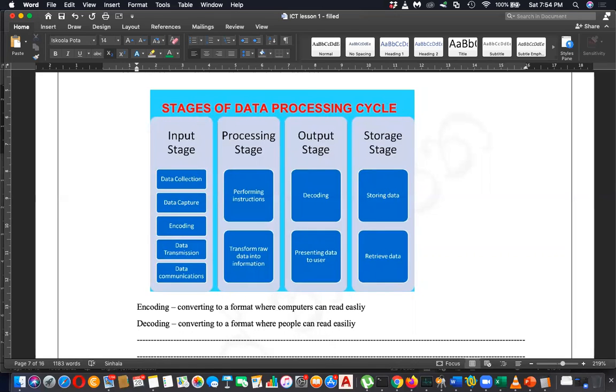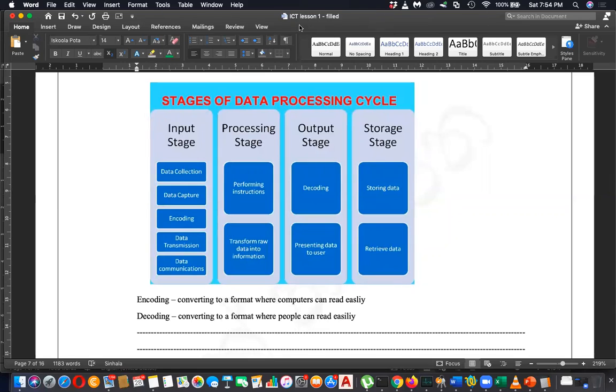Okay, quickly write down the stages of the data processing life cycle, the four stages: input, process, storage, and output. The order can be different, no? Input, process, storage, and output, or someone can write input, process, output, and storage. Why is this a cyclic process?